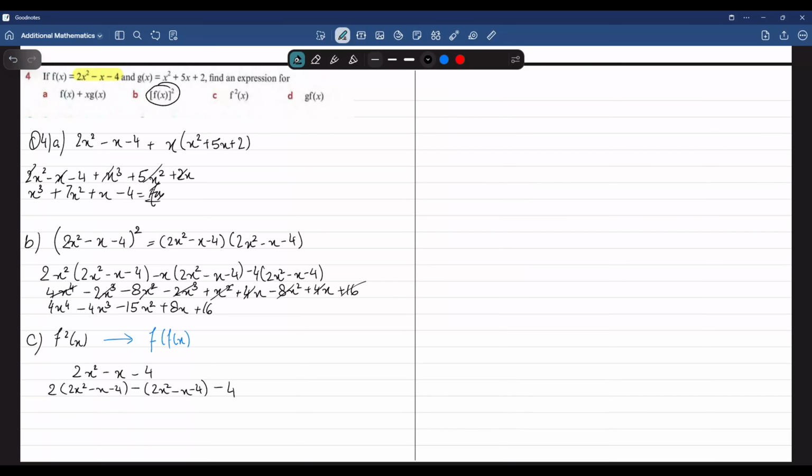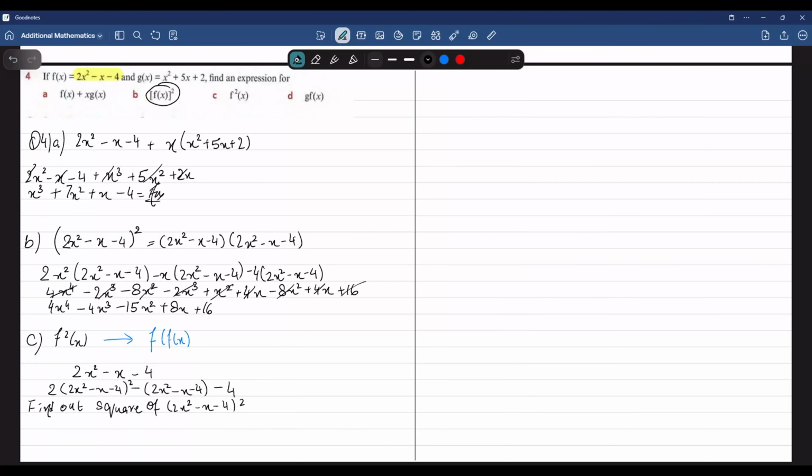Now let me add this square here. So 2 multiplied by (2x squared minus x minus 4) whole squared would again be simplified. To keep things clean, I'm first going to find the square of 2x squared minus x minus 4.